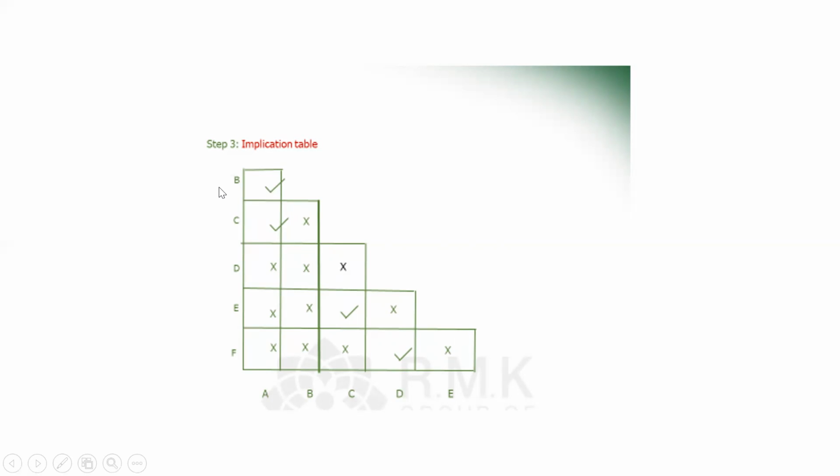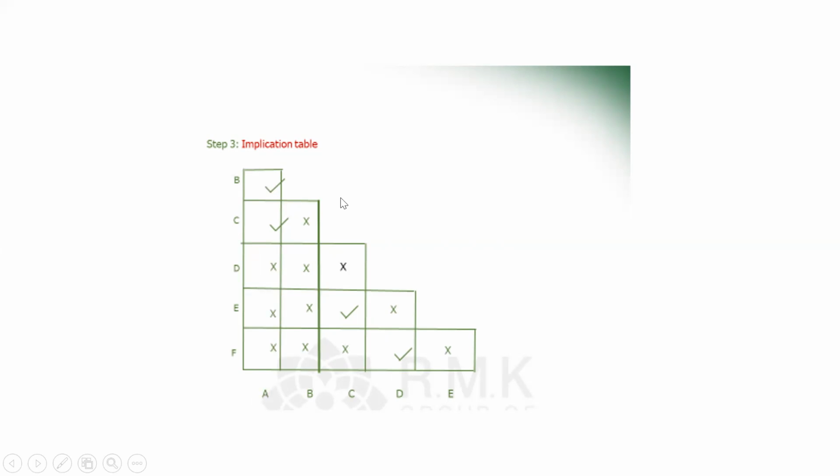Then you have to combine A and C, then A and D, A and E, then A and F. That is, after giving input, if next state and output are equal, those two present states are equal, and we put a tick mark. If the next state and output are not equal, then you put a cross mark. So this is the implication table.